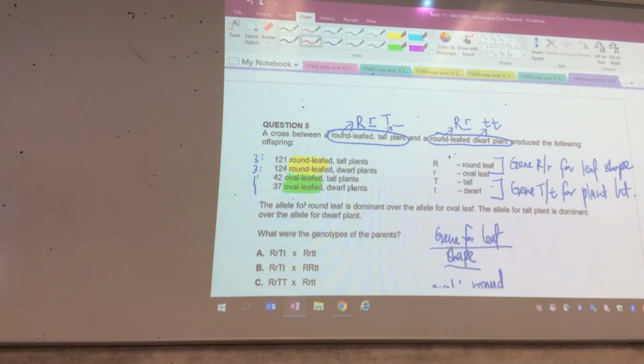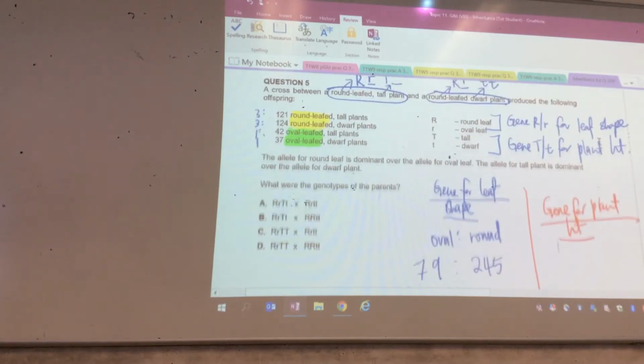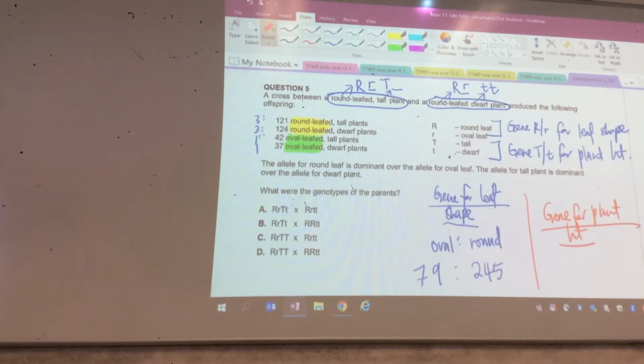Then we talk about the second gene locus, which is the gene for plant height. Let's do a calculation based on the numbers. You have tall plants and you have dwarf plants.